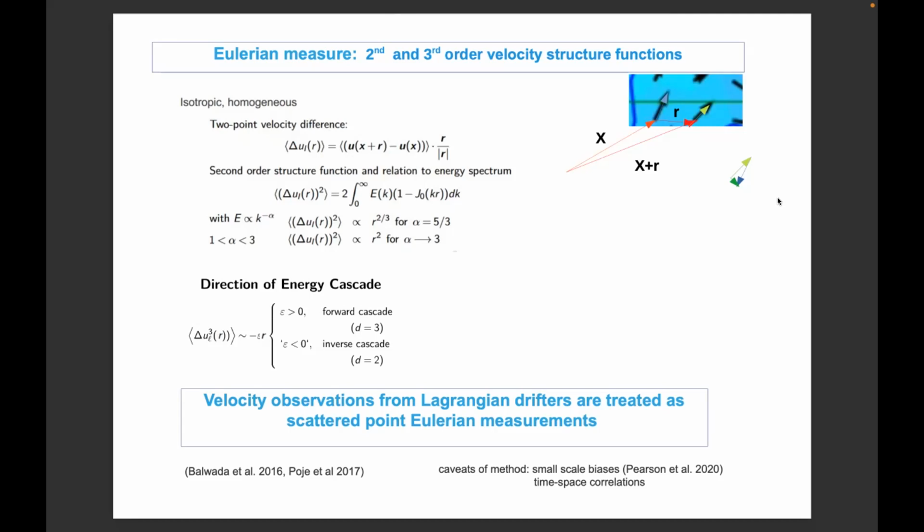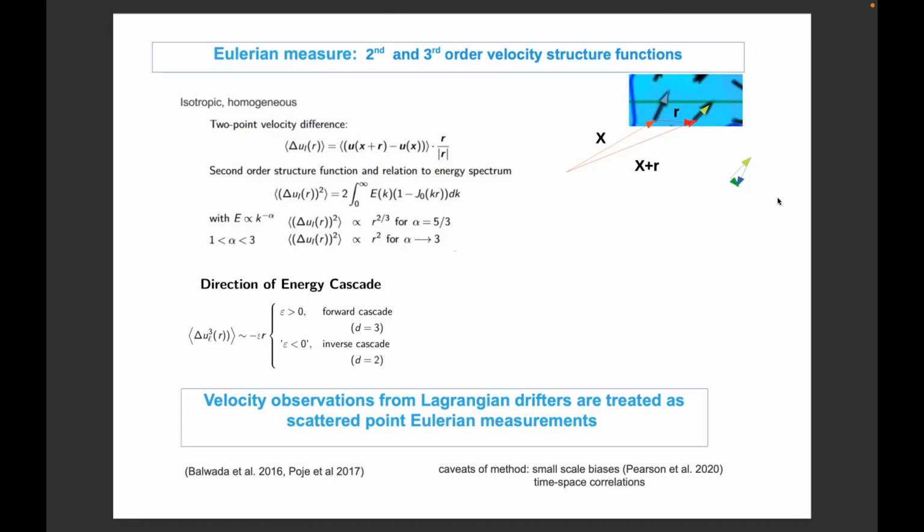I won't go into detail because we are mainly concerned with this third order structure function, where we average over all pairs with a certain distance.